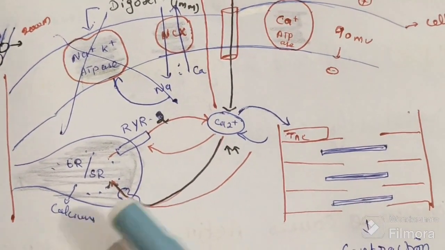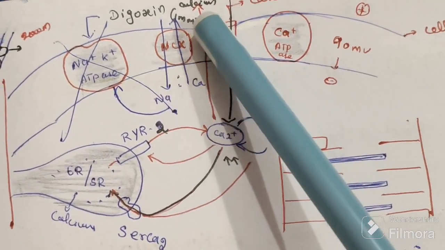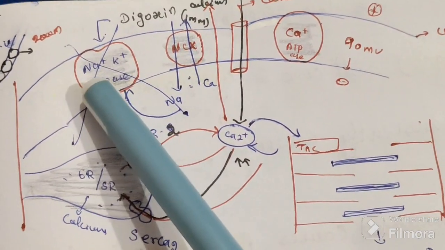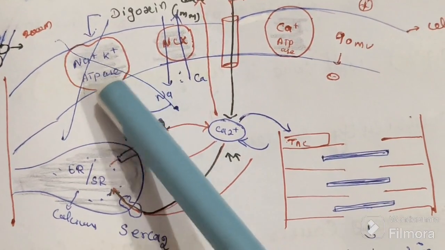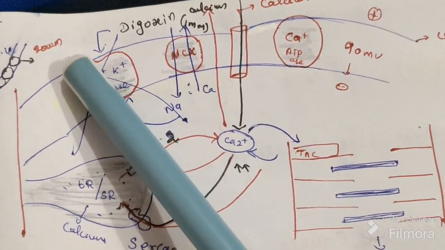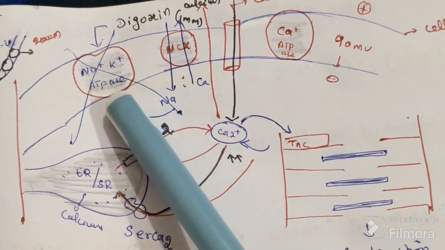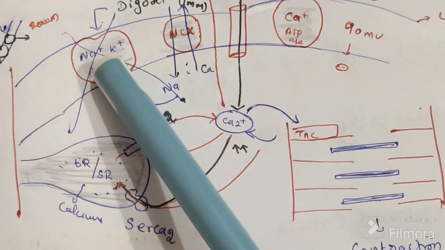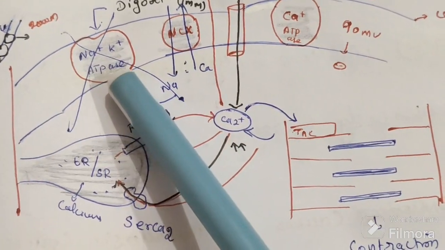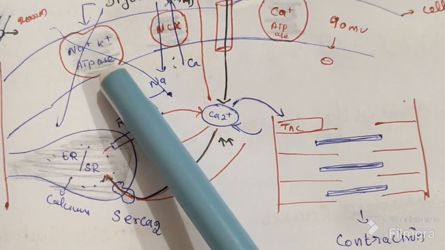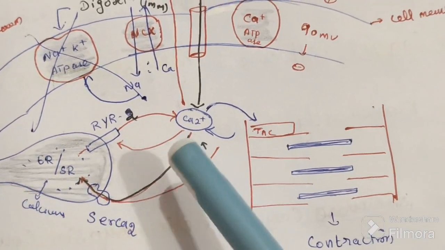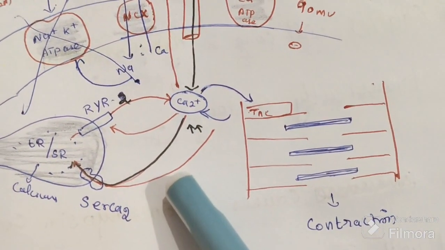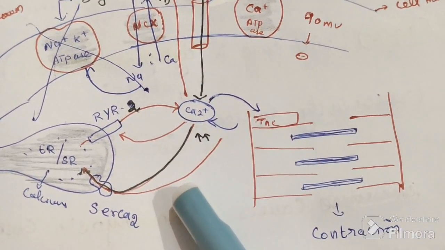Normally this 1% is going to NCX, then sodium will come inside. This sodium goes outside through the sodium potassium ATPase channel, then potassium will come inside. But here this drug blocks this sodium potassium ATPase transporter. So now this 1% of calcium remains inside, in the cytoplasm of the cell.